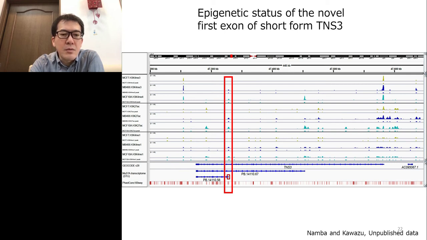But they were not observed in ER-positive breast cancer cell lines. So these data strongly support the existence of this novel short form TNS3.